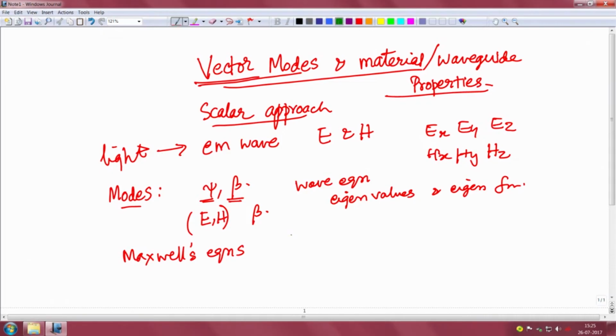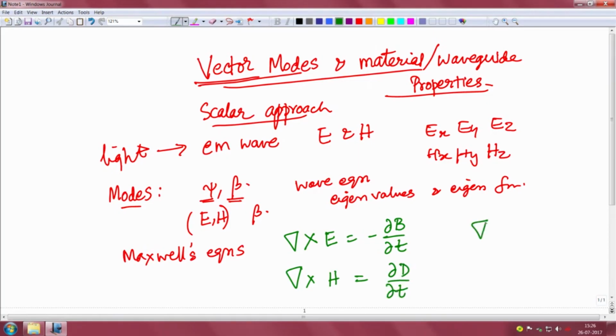In the differential form, you can express Maxwell's equations as follows: del cross E equals minus dou B by dou t, and del cross H equals dou D by dou t.